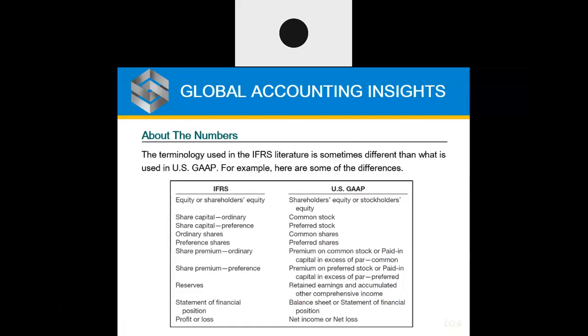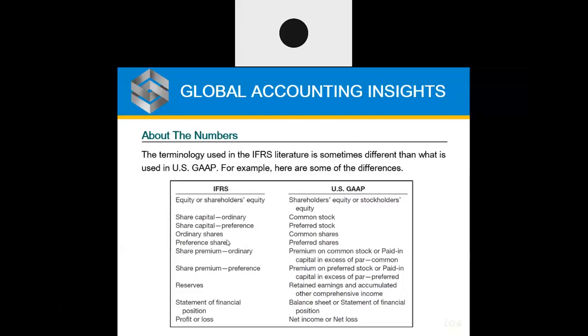Like for example, in the US they use stockholders, but in IFRS we use shareholders. In IFRS we use ordinary share, but for US GAAP they use common stock.